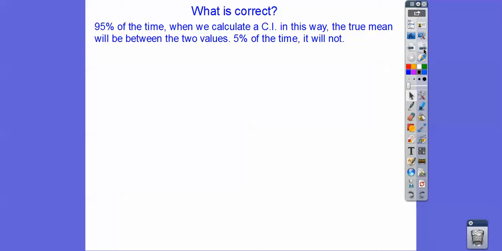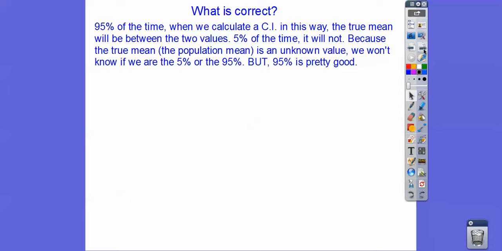So what is it saying? 95% of the time when we calculate a confidence interval in this way, the true mean will be between the two values, whatever the two values are that we calculate, and the other 5% of the time it won't. So 95% of the time our true mean will be in that interval, and the other 5% it will be outside of that interval.